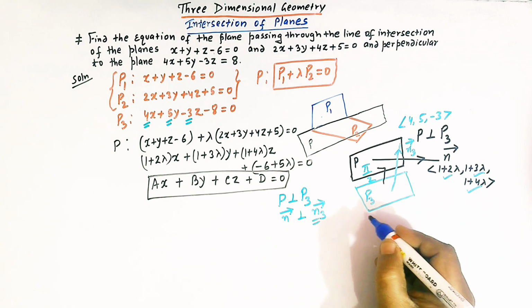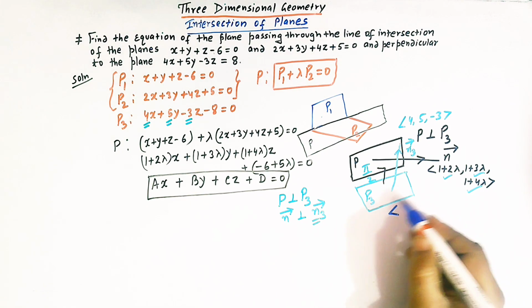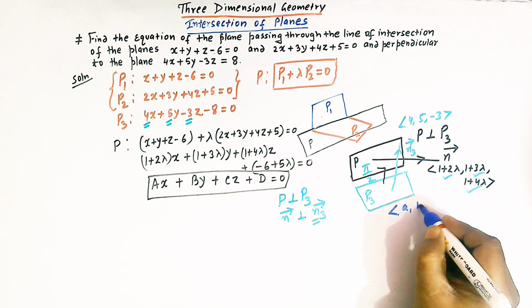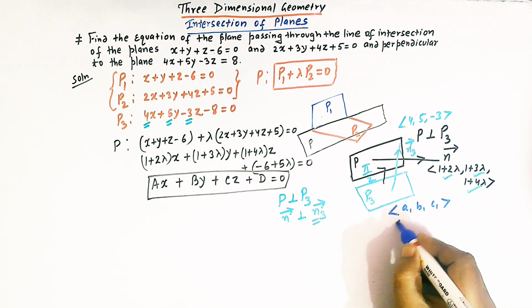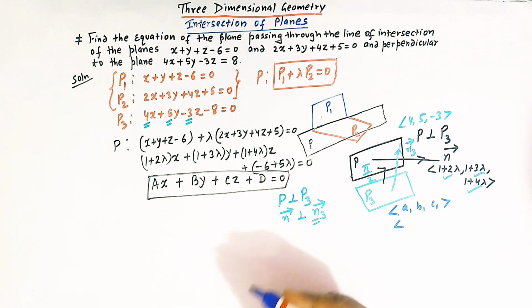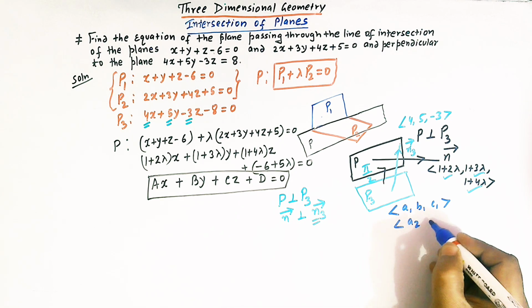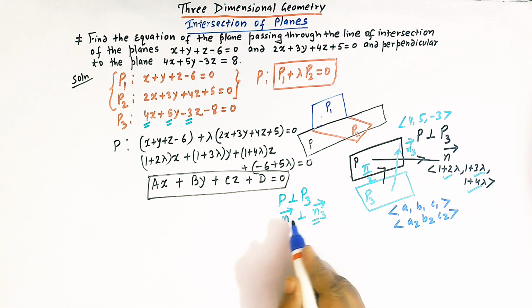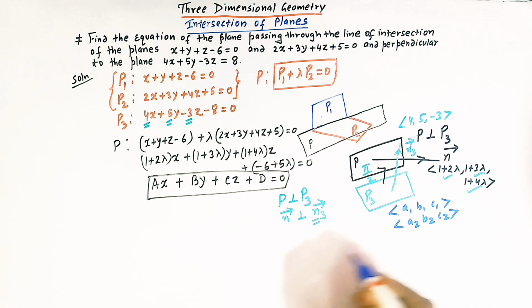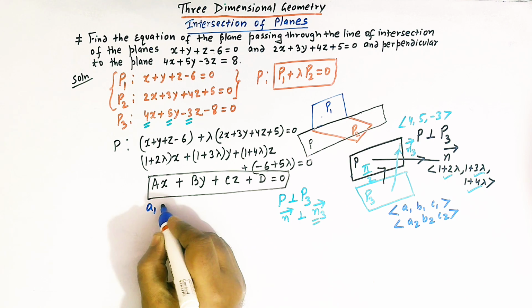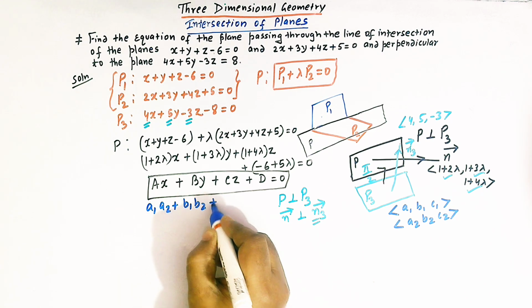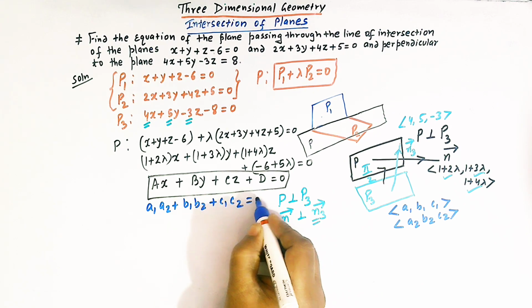So now we know that if the direction ratios of two vectors, say a1, b1, c1, and the direction ratios of the other vector are given by a2, b2, c2, and if these two vectors are perpendicular, then we have the condition a1 a2 plus b1 b2 plus c1 c2 is equal to 0.